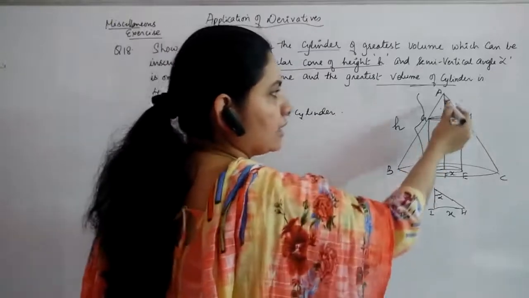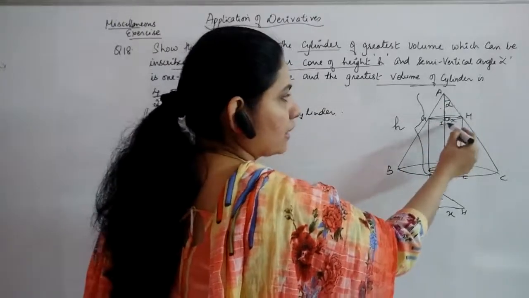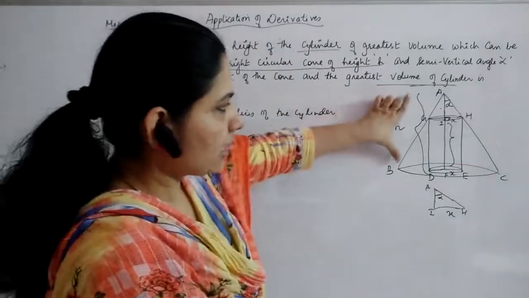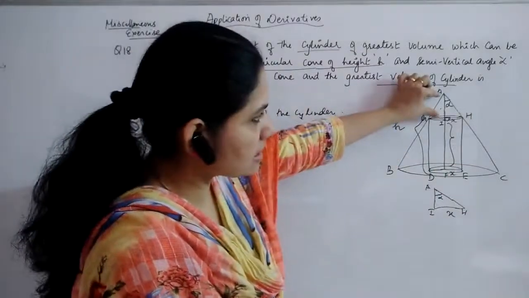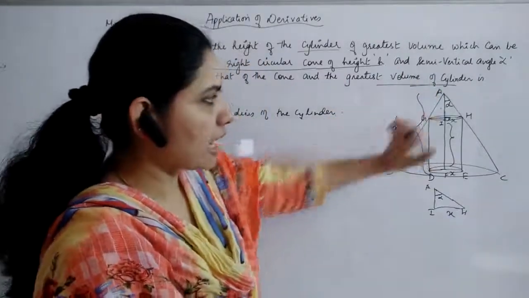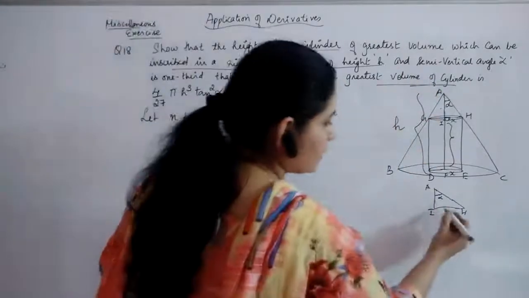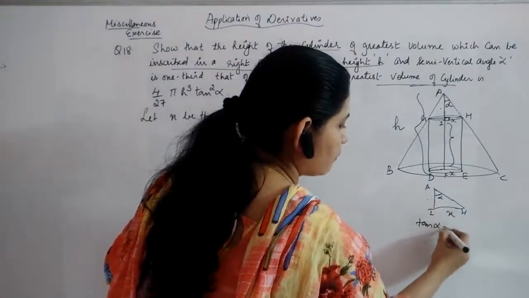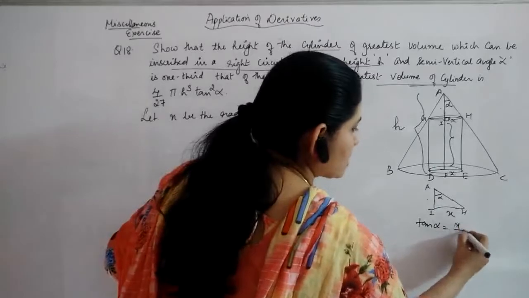Now why are we getting this length? In order to get the height of the cylinder, which we don't know. The total length we know is h, and if we get this length, we can subtract it from the total h to get the height of the cylinder. So from the triangle AIH, opposite side by adjacent side is tan alpha, so x by AI.